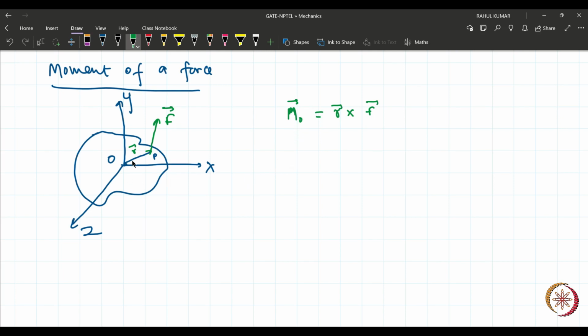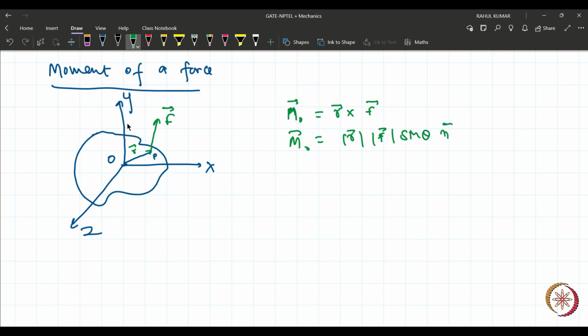If you put your fingers along the direction of r and curl in the direction of force F, then the thumb gives the direction of the moment. Vector M naught can also be written as r, magnitude of F, sine theta, and n cap.